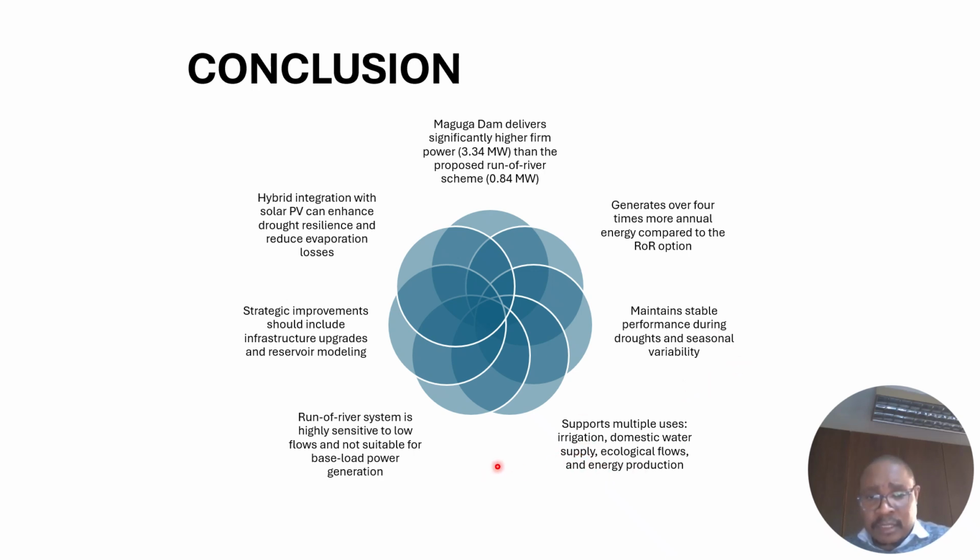It also supports multiple uses of water, like irrigation, domestic use, production of energy, and ecological flow. The run-of-river system is highly sensitive to low flow and not suitable for baseload power generation. Strategic improvement should include infrastructure upgrades and reservoir modeling. And lastly, hybrid integration with solar PV can enhance drought resilience and reduce evaporation losses.